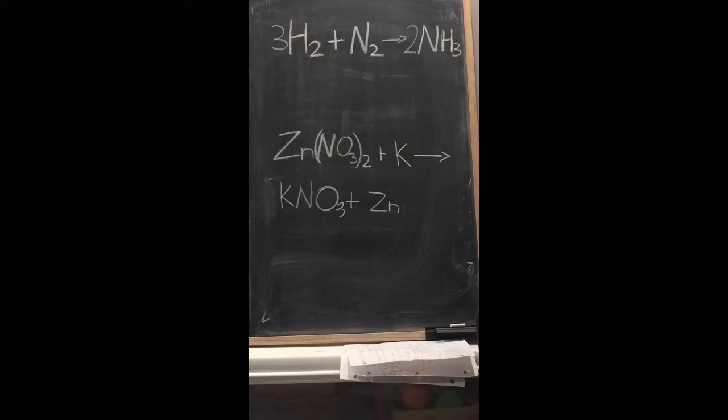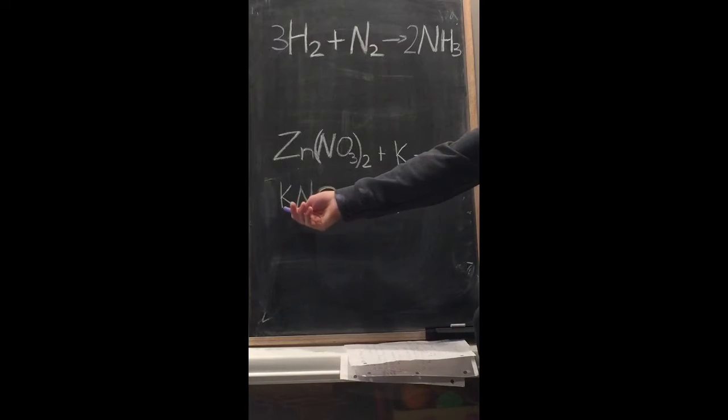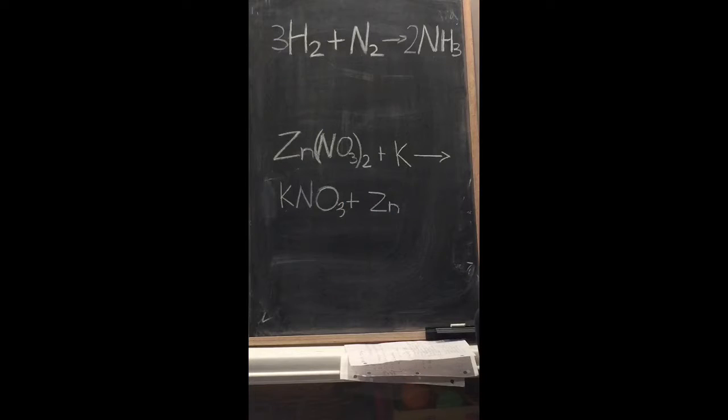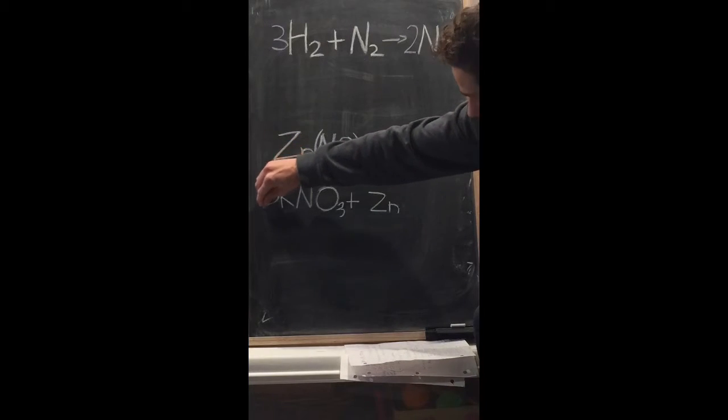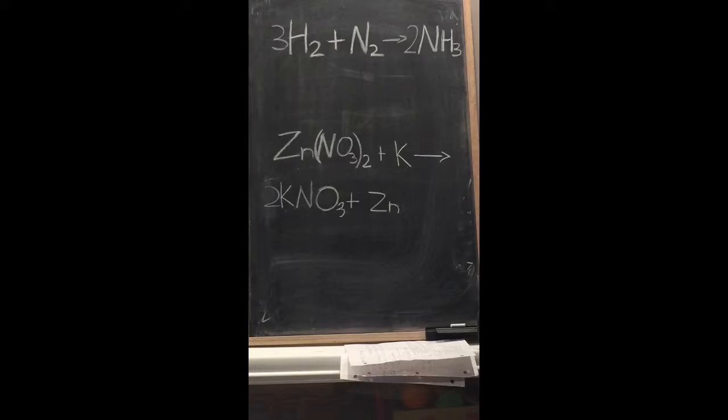What we're going to do is put a 2 in front of the KNO3. So we'll have 6 oxygens, 2 nitrogens, 2 nitrogens. Let's go ahead and do that. Since we added that 2, we now have 2 potassiums. So we're going to put a 2 in front of the potassium. This equation is now balanced.